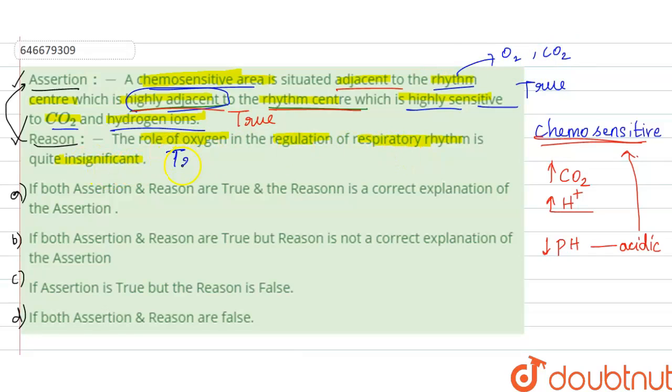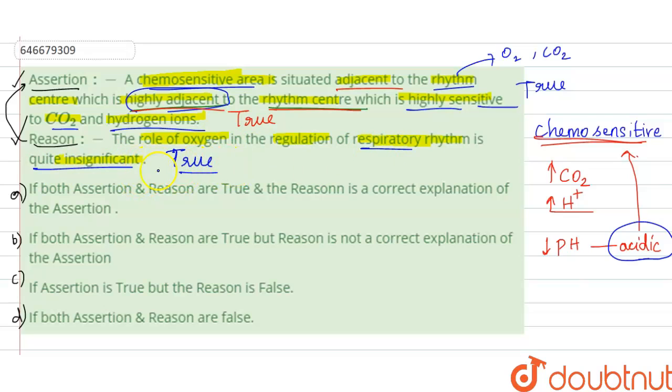This is also a true statement, because in chemosensitive areas we are not talking about the role of oxygen, only the role of carbon dioxide is there. If carbon dioxide is increased in blood, then pH will fall and blood will become acidic. But if oxygen is increased, there is nothing to tell the chemoreceptors to stop that. So it is quite an insignificant role in the regulation of respiratory rhythm.